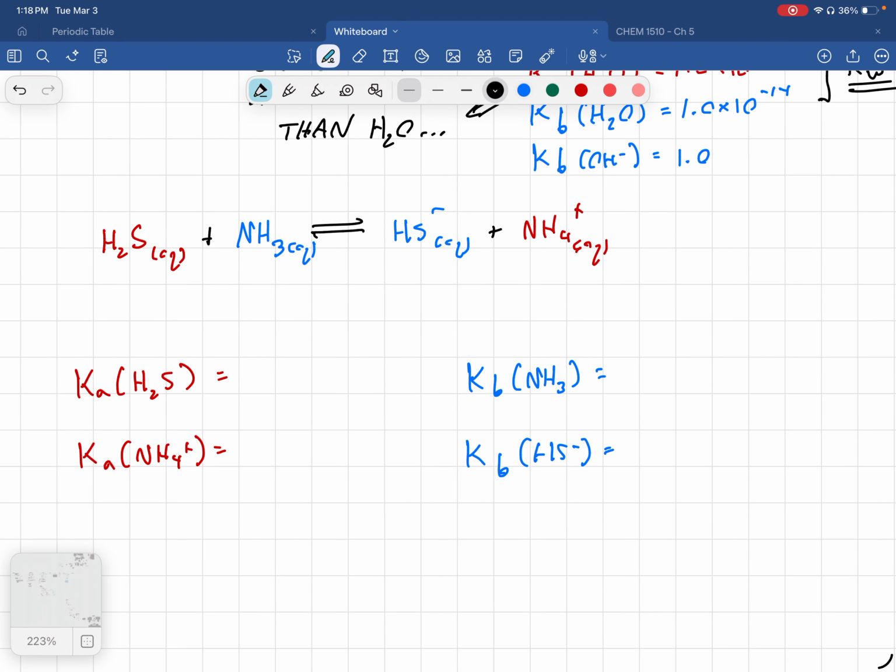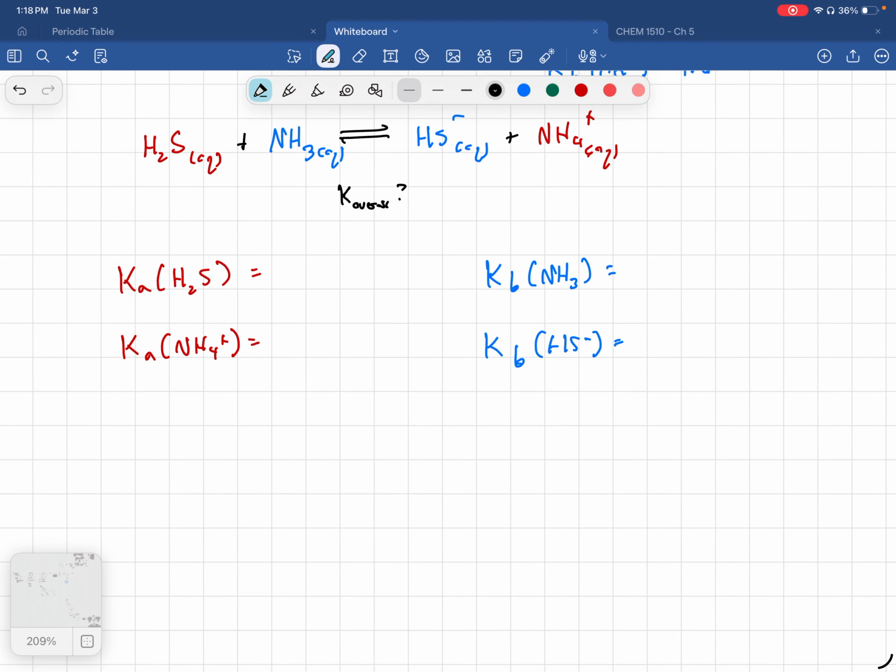So based on this, where would we predict the K to be for this? So our question is: is K going to be approximately equal to 1? Is K going to be greater than 1, so product favored?